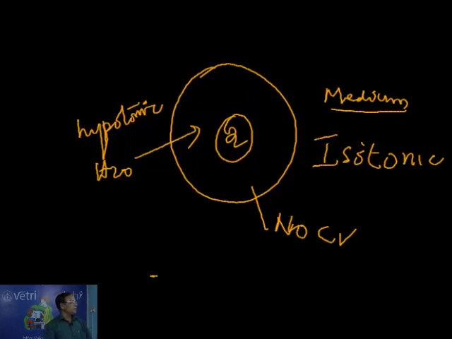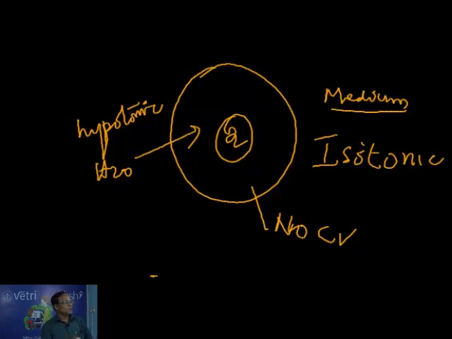That is why in animals living in fresh water, where the medium is hypotonic and water enters continuously into the cell, the animal needs a contractile vacuole. It is a must for the animal to have a contractile vacuole. But in animals living in marine water or in parasitic organisms, the medium is isotonic.